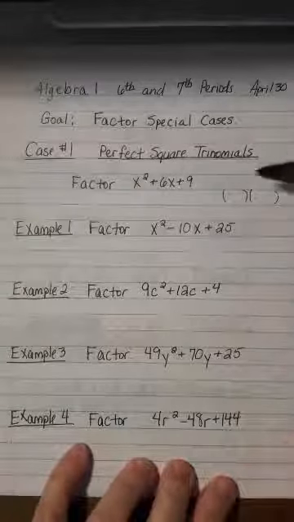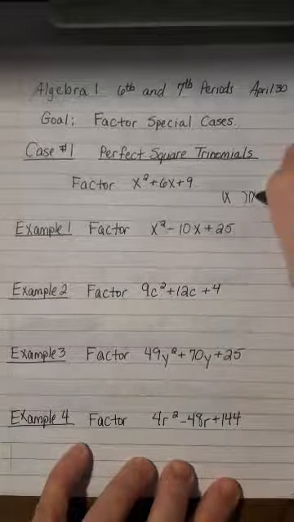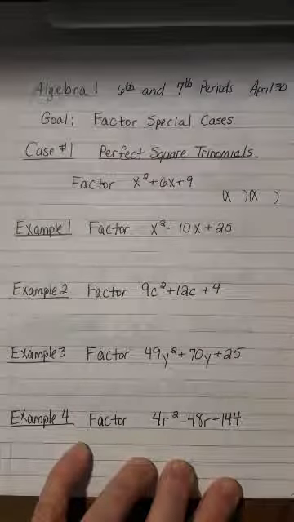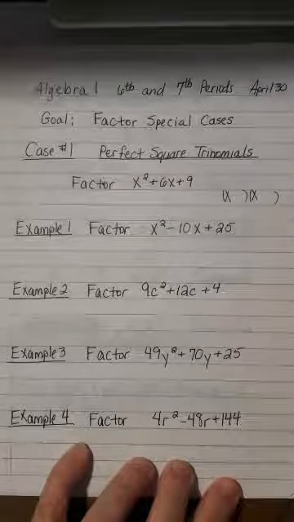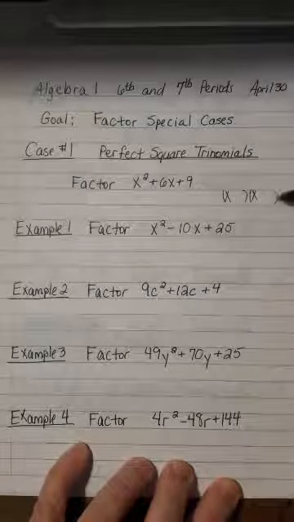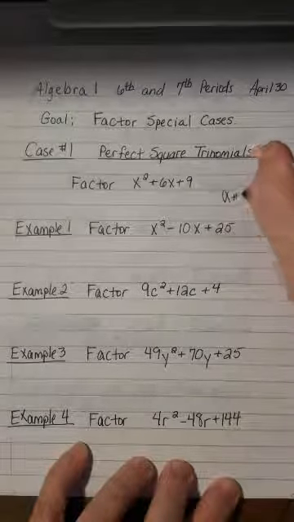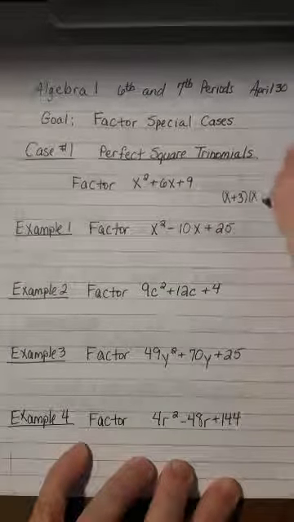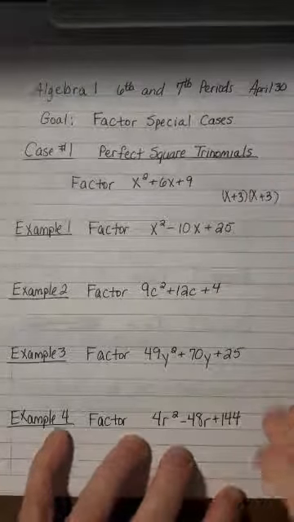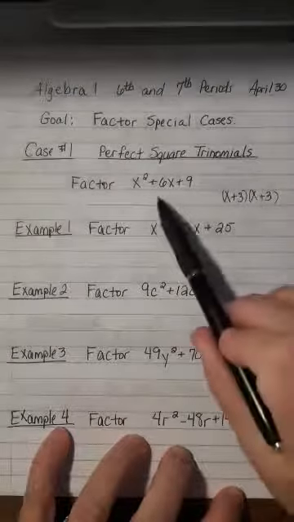And then you would hopefully recognize that you've got to split your x's apart and put x times x in the front of each parentheses. And then at the end, you want your last times your last to equal the 9. And they're going to both be positives. That would be plus 3 and plus 3.